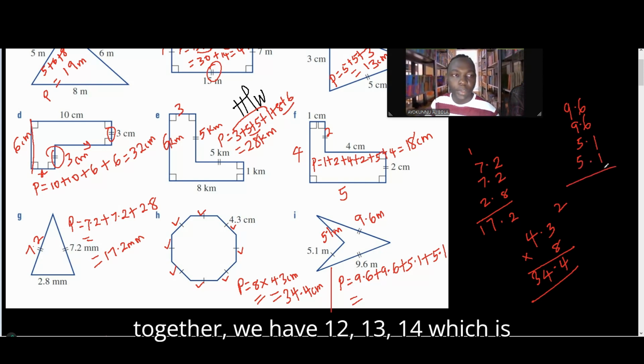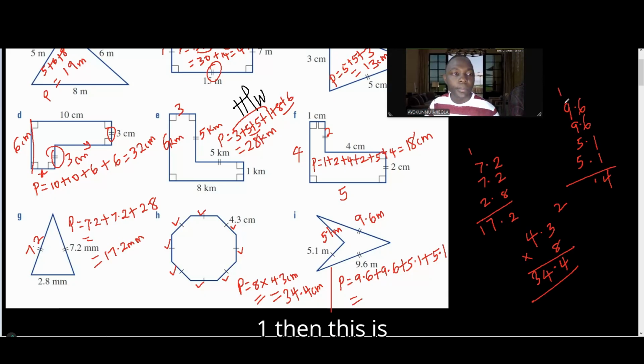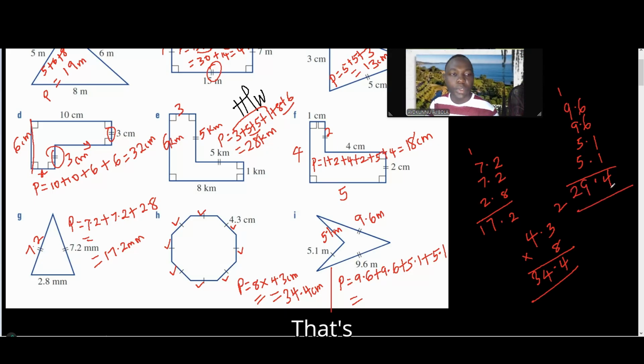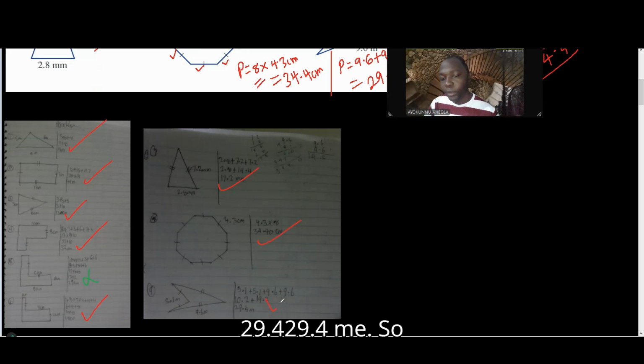We add them together. We have 12, 13, 14. We keep 1. Then this is 10, 19 plus 10. That's 29.4 meters. So that's 8 out of 9.